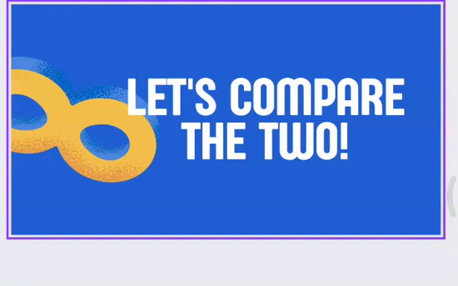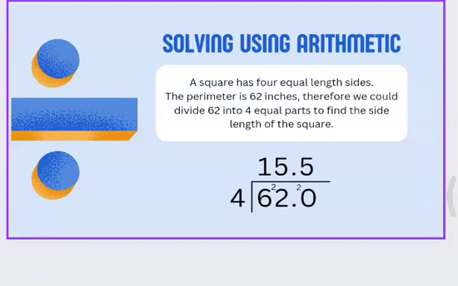To compare the two is the next thing we want to do. We want to compare algebra and arithmetic in solving problems. Now, solving a problem with arithmetic. We have a question here which I want us to go through together.